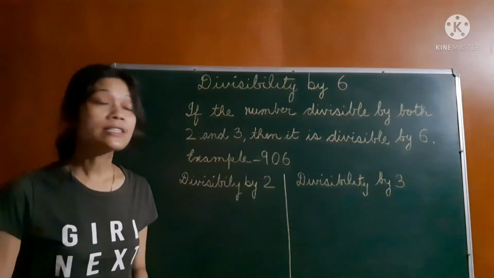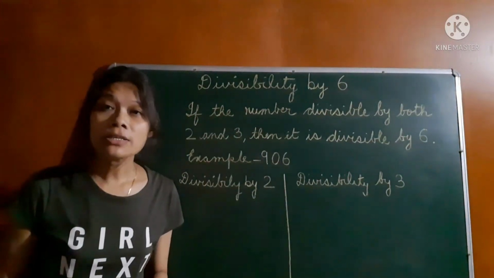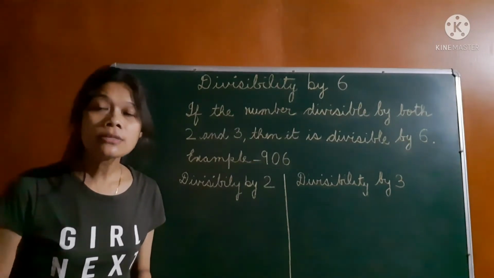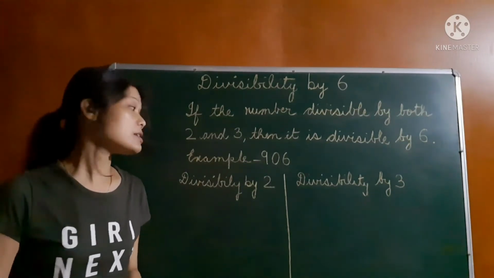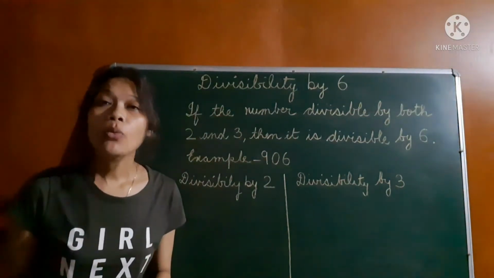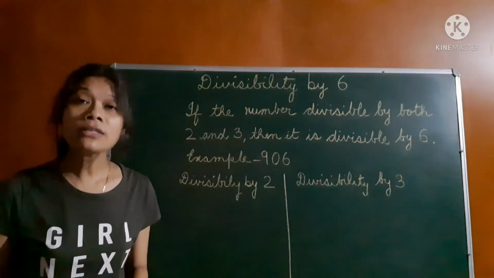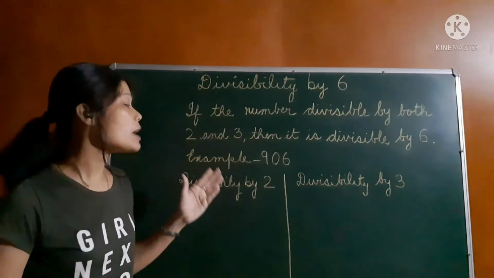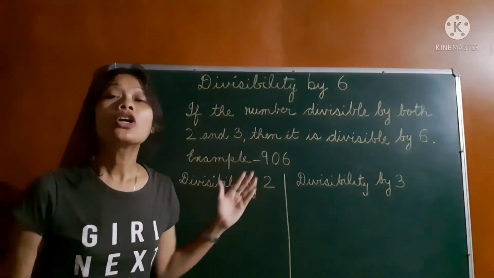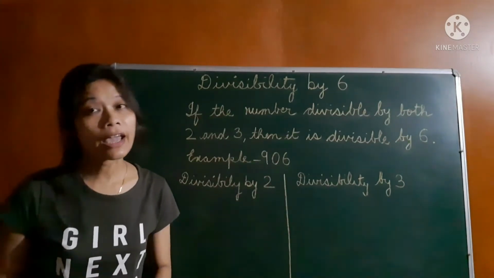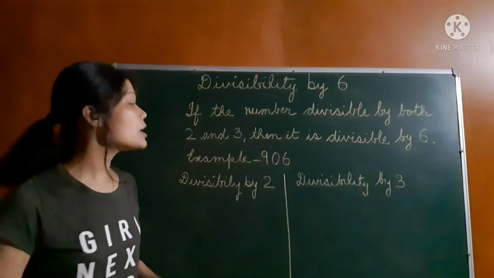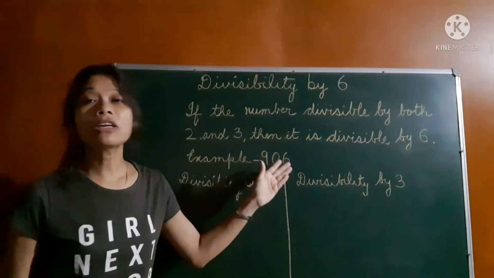Divisibility by 6. If the number is divisible by both 2 and 3, then it is divisible by 6. So to check whether the number is divisible by 6 or not, we have to see whether it is divisible by both 2 and 3 or not. For this we have taken one example here. The number is 906.